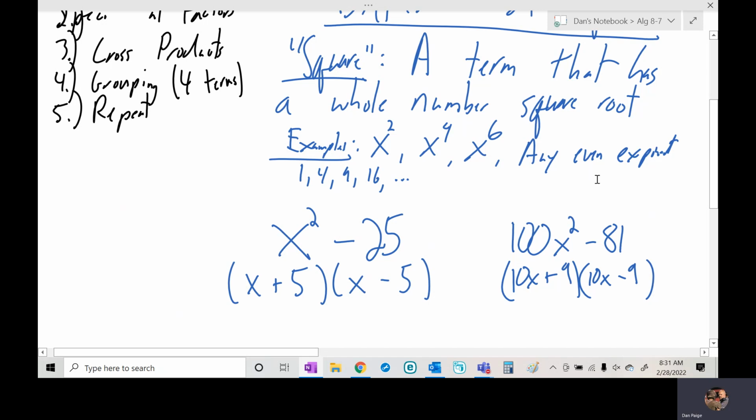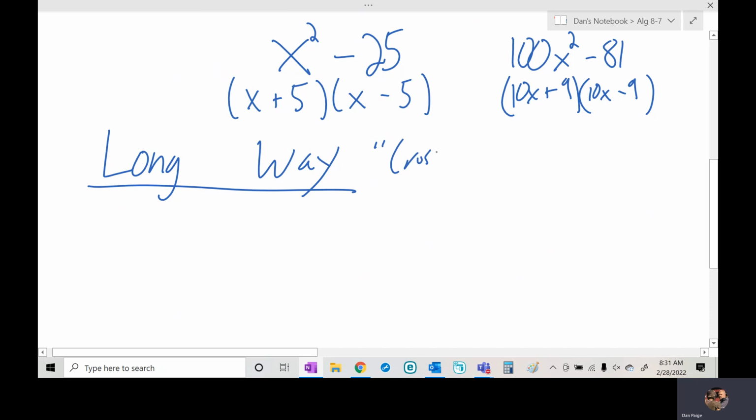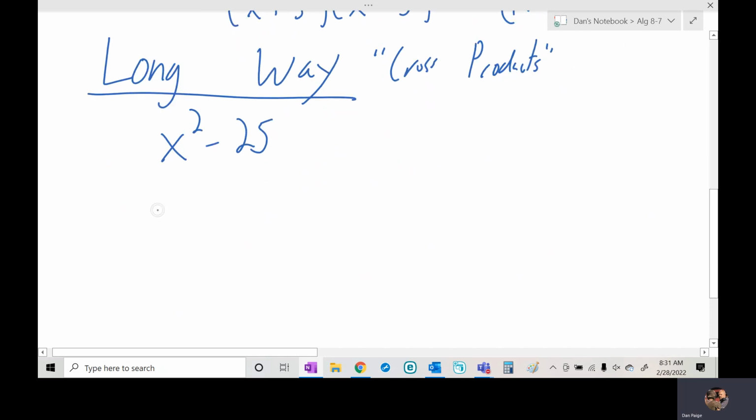Now, let's talk about the long way of doing a difference of squares. The long way is saying that you could actually do this using cross products. Let me show you. We'll go back to x squared minus 25. Really, x squared minus 25 is like x squared plus 0x minus 25.